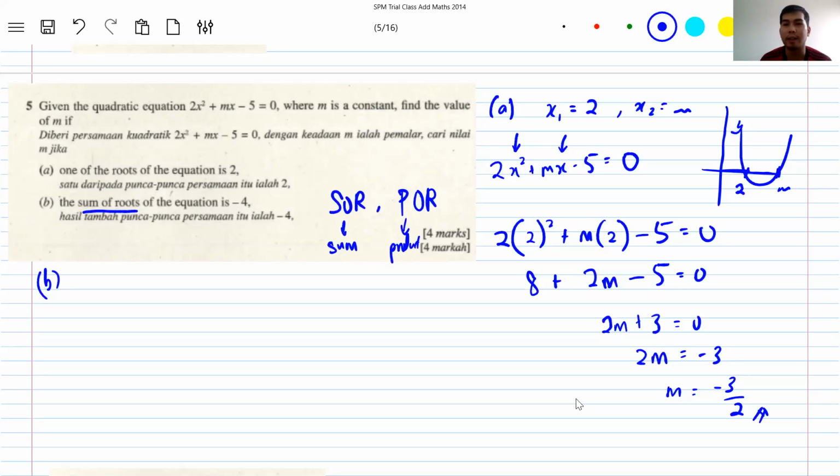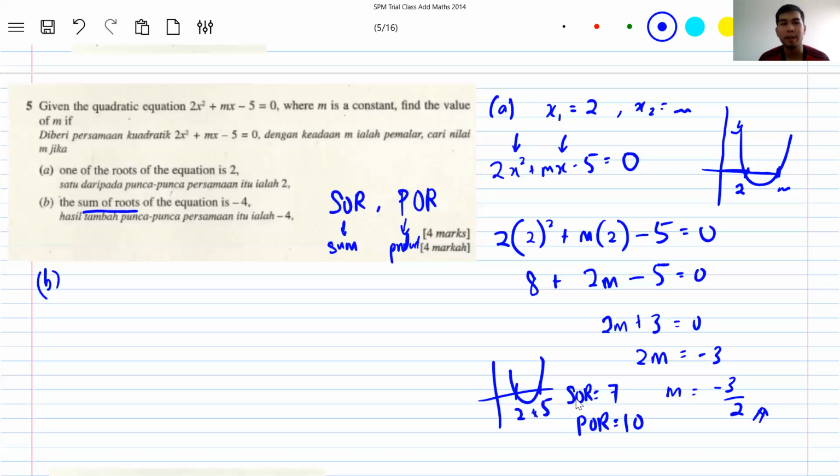That means if the curve has two roots, say 2 and 5, the SOR would just be 2 plus 5, which is 7, and the POR would be 2 times 5, which is 10. Just bear with me for a bit. Just understand what SOR is, what POR is.